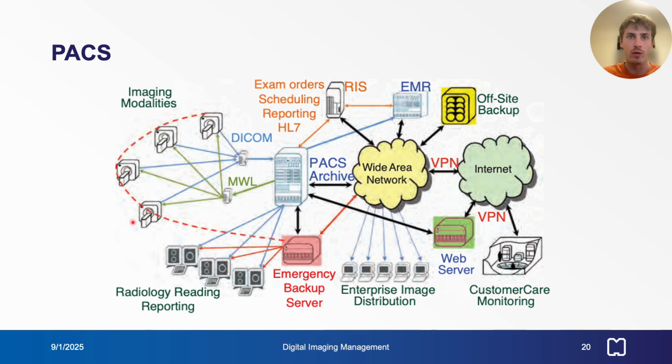After a study is performed, the information is sent to PACS in DICOM format and reconciled with the exam-specific information, or accession number. An emergency backup server ensures business continuity in the event of an unscheduled PACS downtime. Also depicted is an off-site backup archive for disaster recovery and real-time customer care monitoring to provide around-the-clock support.